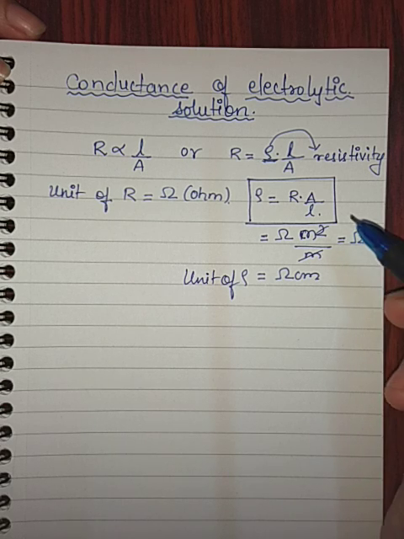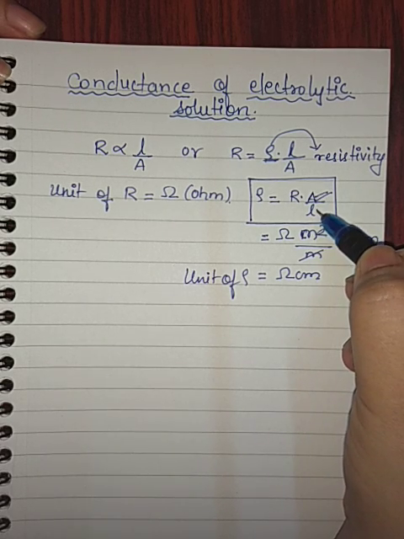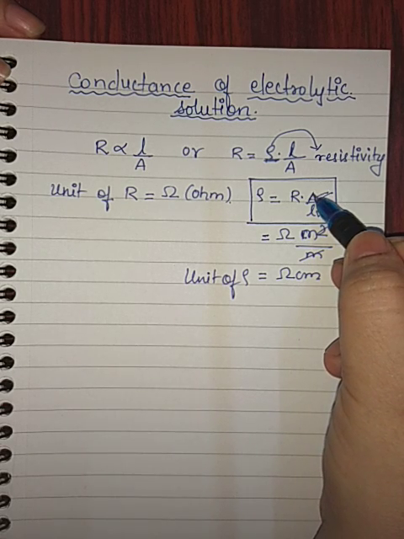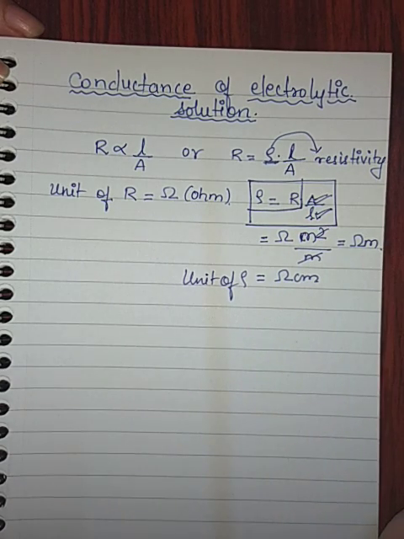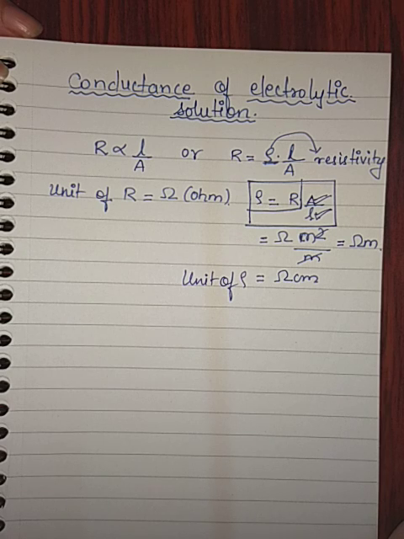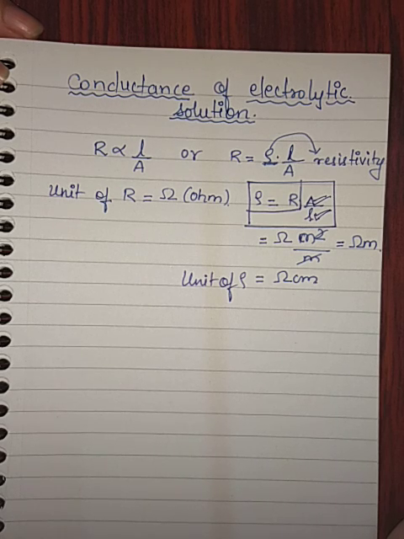If you take the area of cross section of the wire to be 1 meter square, and if you take the length of the wire to be 1 meter, then this become 1, this become 1, rho is equal to R. That means resistivity is resistance of a wire having unit length and unit area of cross section. Okay, I hope you understood this. This is very simple, but we are talking about conductance. So why did we study about resistance?